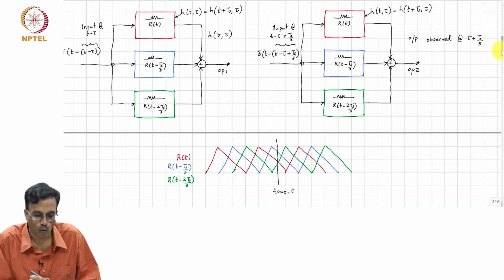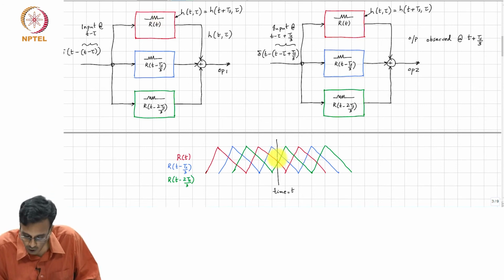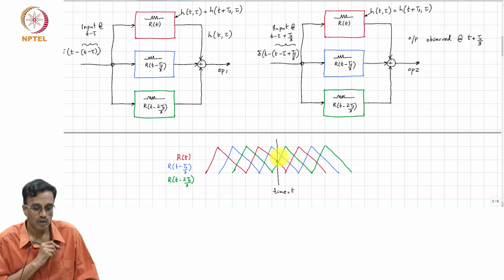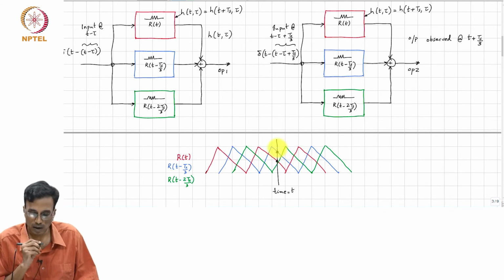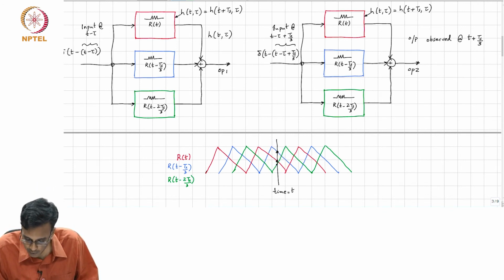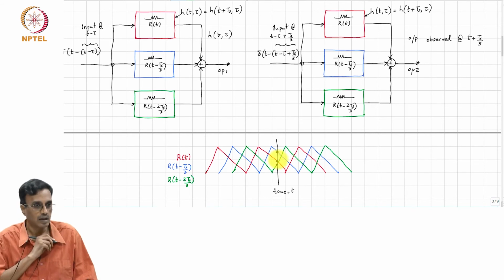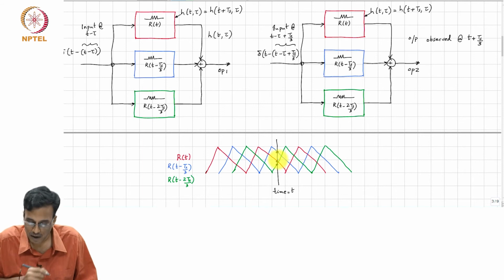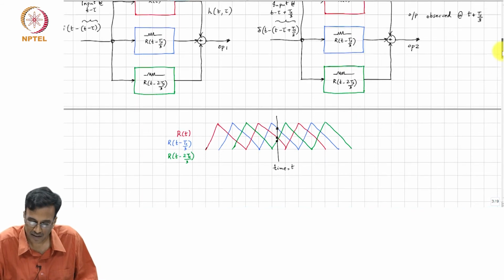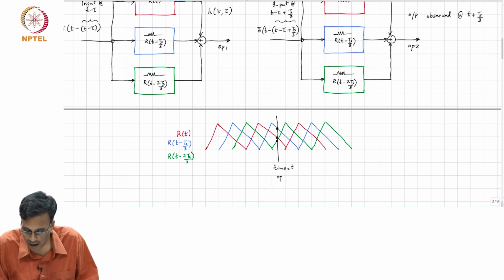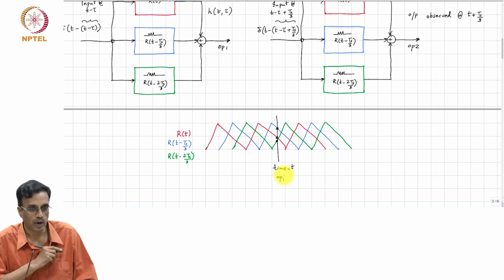There is one of these boxes operating with a resistor of that value, one of these boxes operating with a resistor of that value, and the third box is operating with that resistance value, correct. Now, let us see what happens as a result. You have some output at time t, which is OP1.